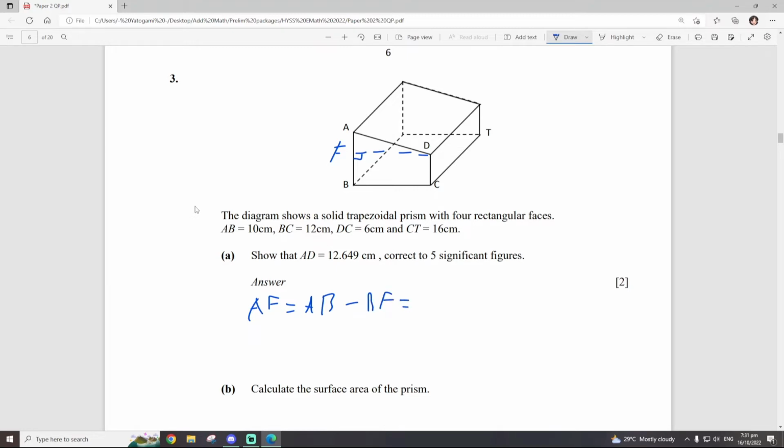So that will be 10 minus 6 equals 4. And FD is BC, which is 12. So AD will be Pythagoras, square root of 4 squared plus 12 squared. And that should give us the 12.649.